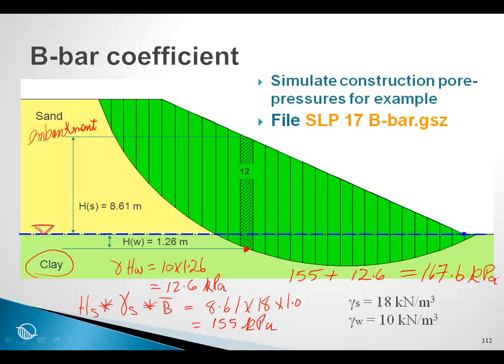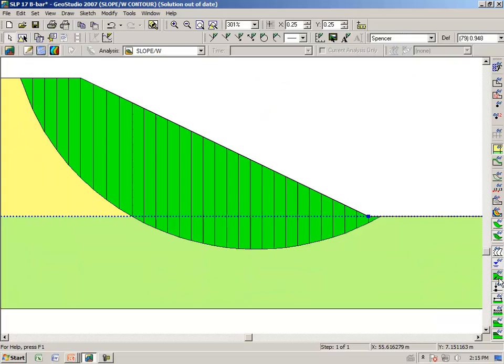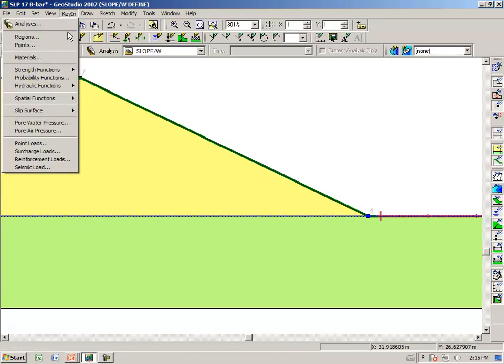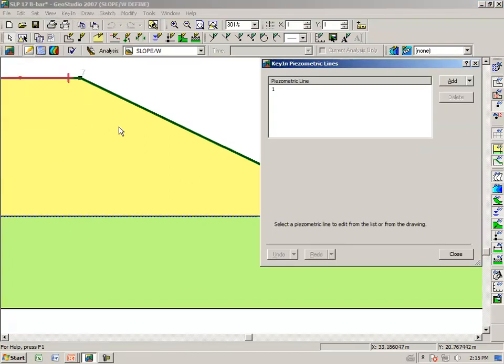Let us now open up SLP 17. Make sure that you start out in Define View. We need to look at Key In Pore-pressures.